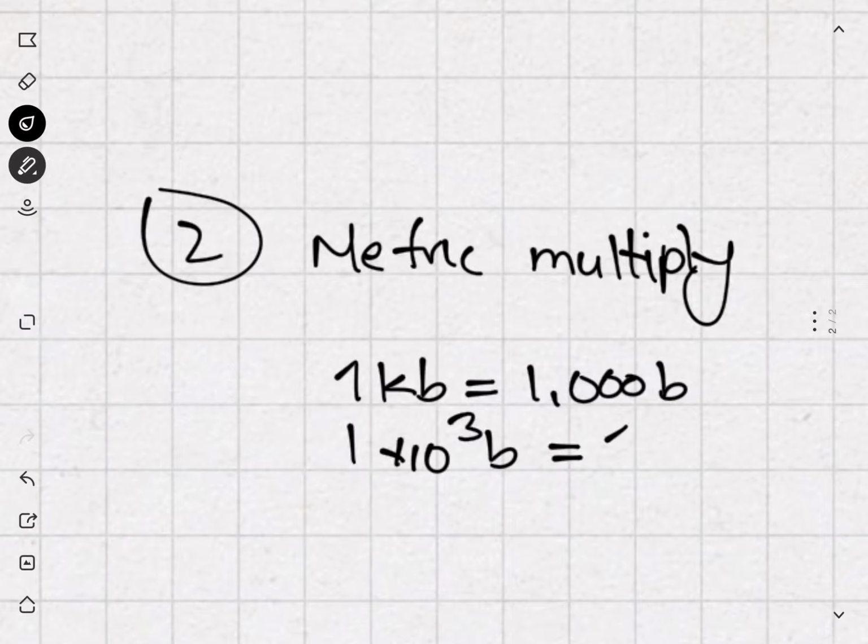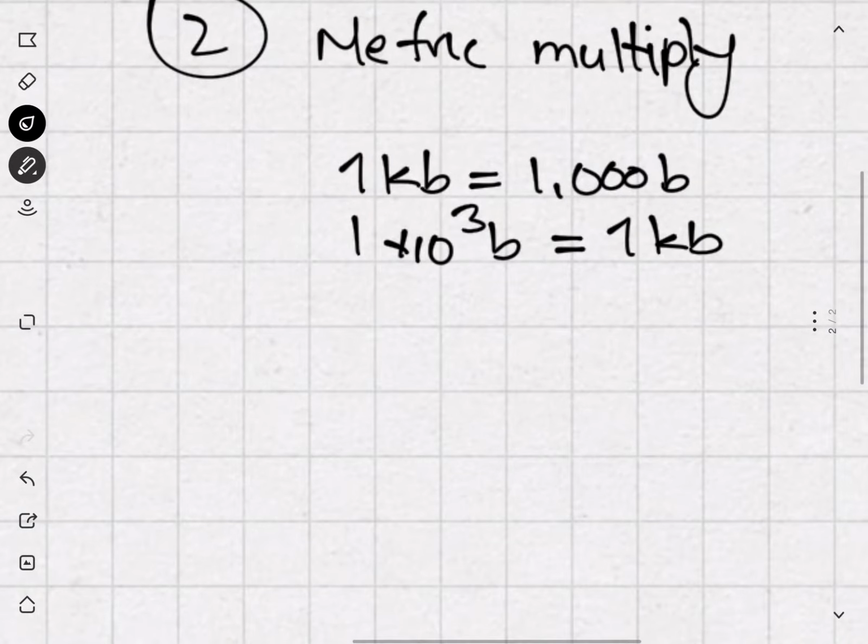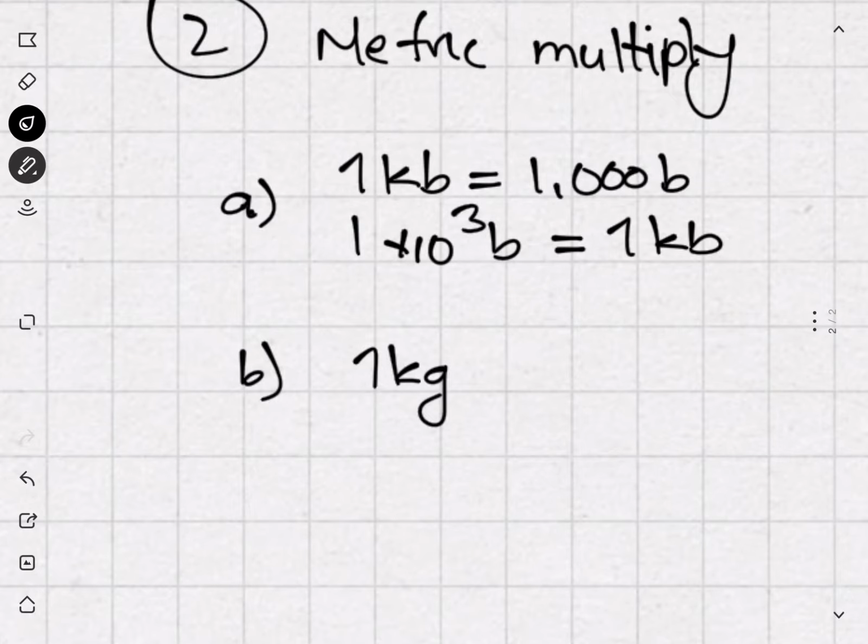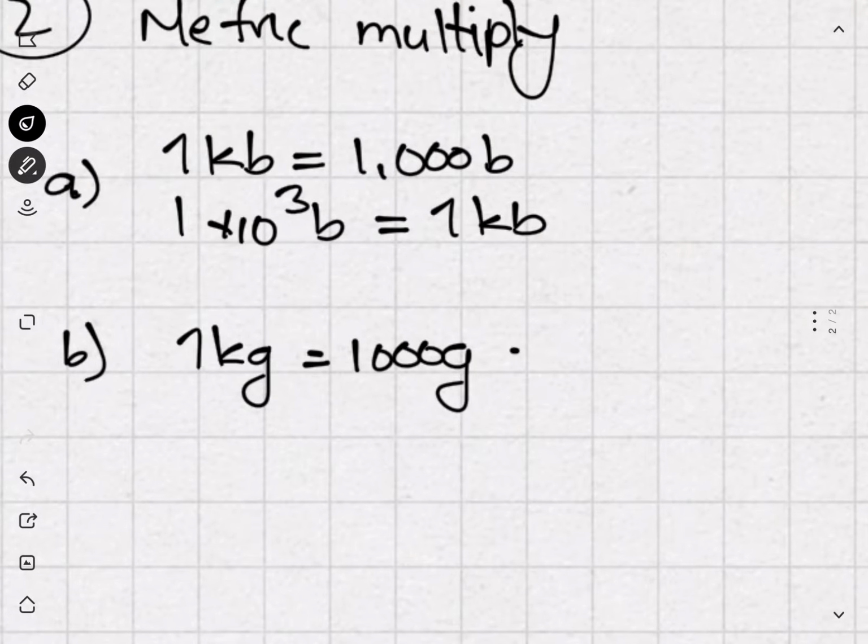That is equal to 1 kB. Another example: 1 kilogram is equal to 1,000 grams, which is equal to 1 times 10 to the 3 grams.